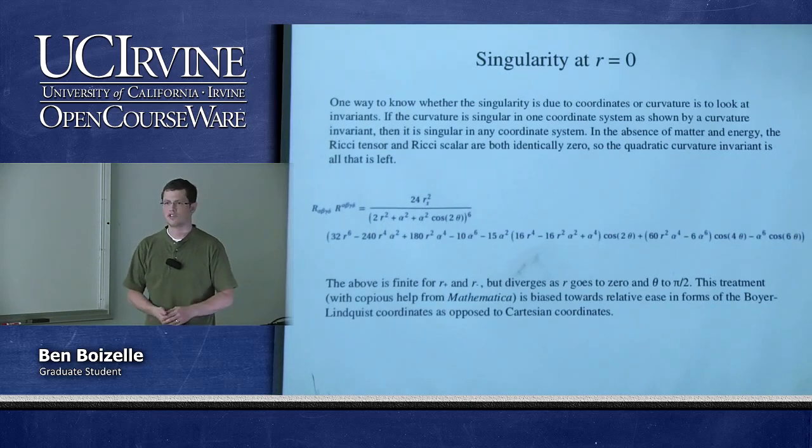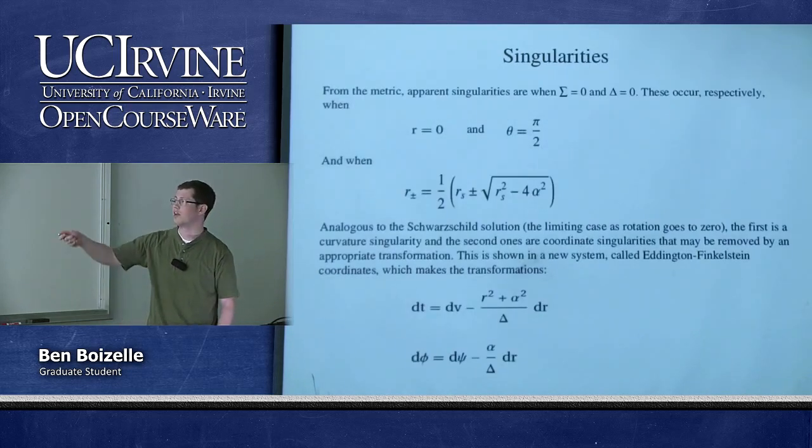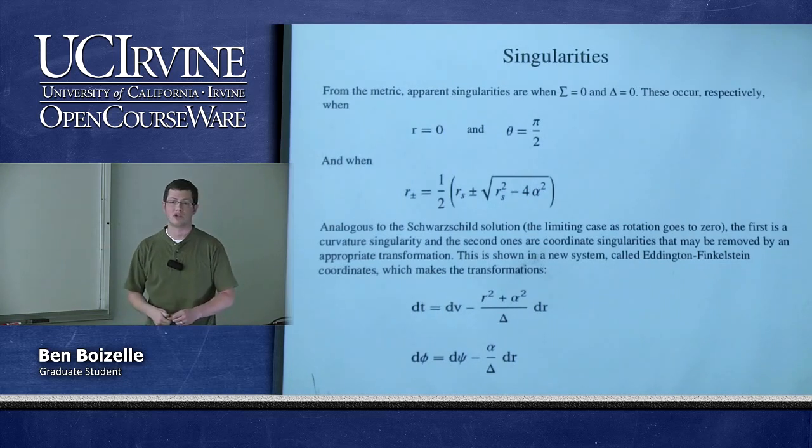So it is a curvature singularity, a real singularity, just like in the Schwarzschild solution of r equals 0. The r plus or minus, if you go back, you will notice that as alpha goes to 0, this just becomes r plus or minus equals the Schwarzschild radius. So it reduces to just the horizon for the Schwarzschild metric.